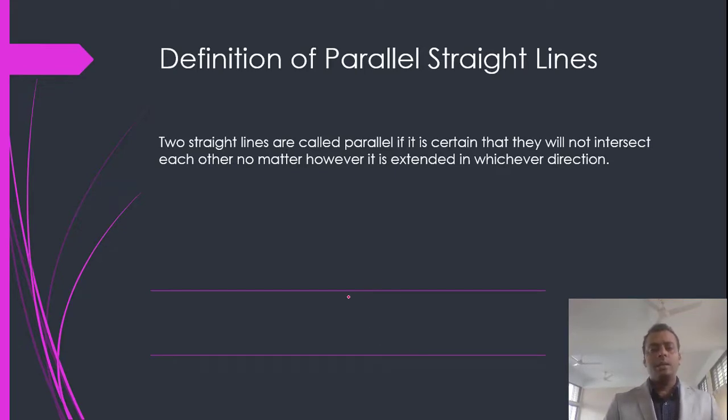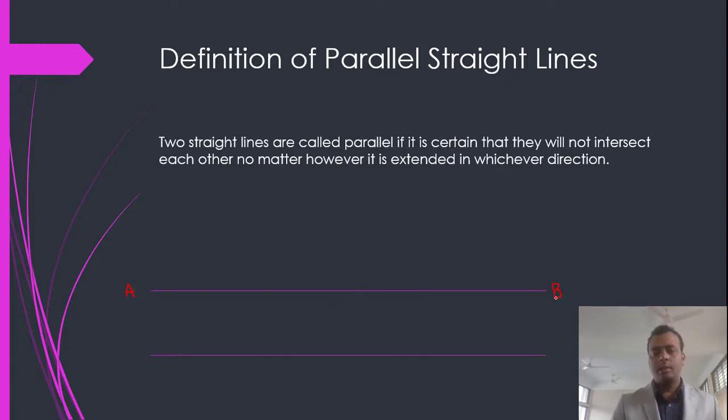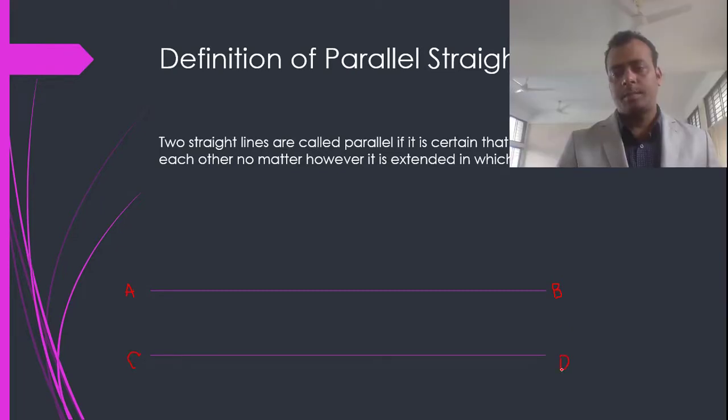You can see here, suppose this line is called AB and this line is called CD. So now, if you extend AB and CD in whichever direction, they will not intersect because they will always keep same distance from two similar points.